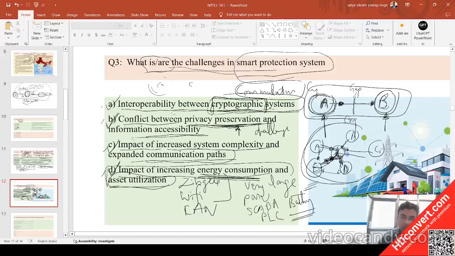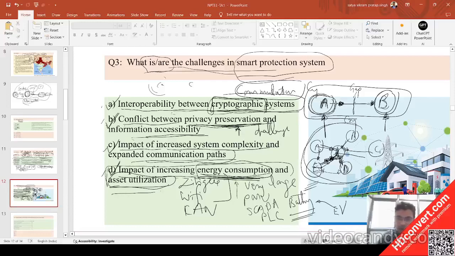You are penetrating EVs also, which is a huge amount of energy consumption, and you are also making the system energy efficient. So asset utilization is very important, and it will impact, and increase the energy consumption also. Is it clear to everybody?